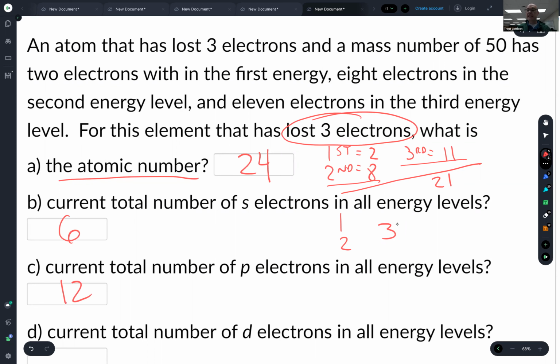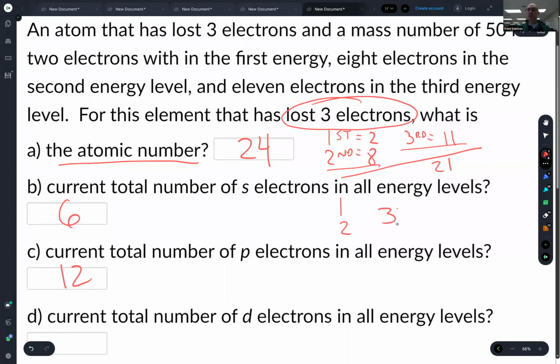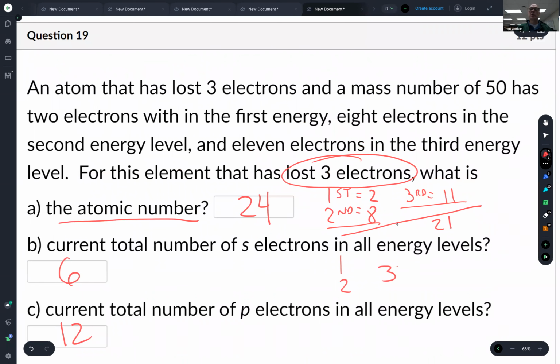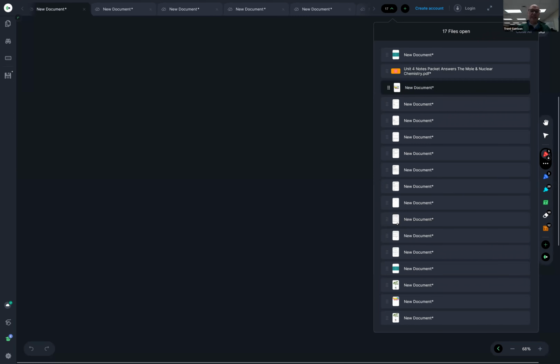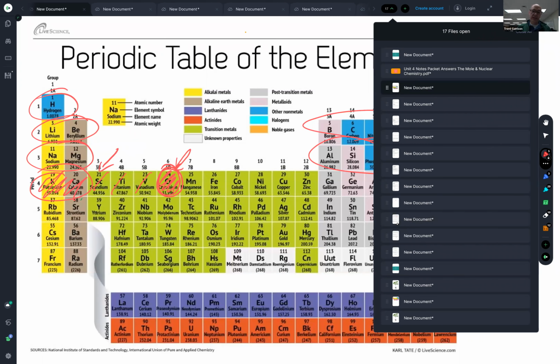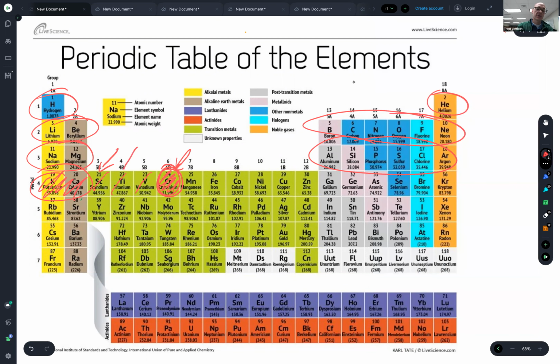Now, for the D's, the current number, remember the current number is what we're looking for. So to get to the current, what we're going to have to look for is how many are in the D's currently. There are 3 in the D's. We lost 1 that has been shaded out. We are back to now having just these 3 right here. This fourth one has been lost. So we have 3 of the D's.